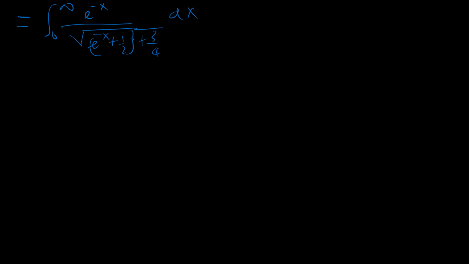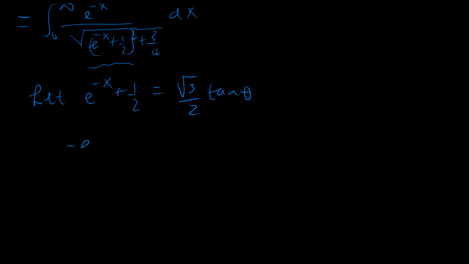And so we have to express this part so that the constant is 3 over 4, so that we can factor that constant away. And if this is tan squared theta plus 1, the quickest substitution would be to let e to the power negative x plus a half be equated to root 3 over 2 tan theta, so that when you square it, it becomes 3/4 tan squared theta.